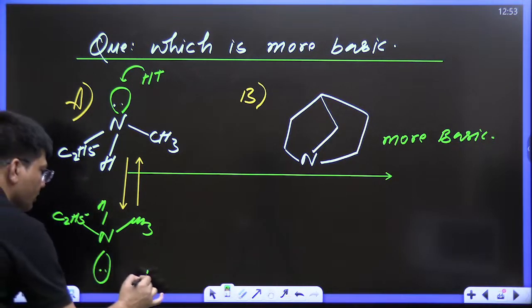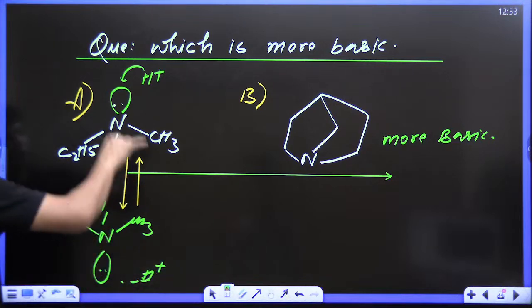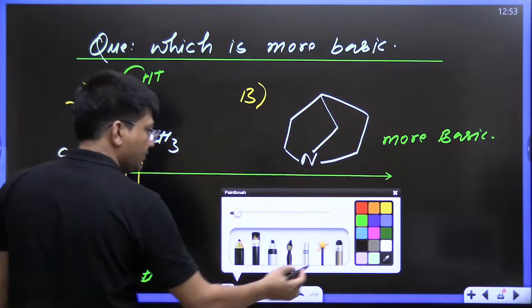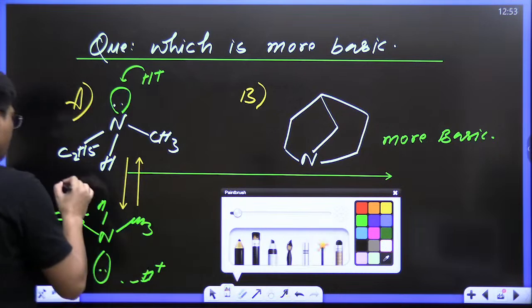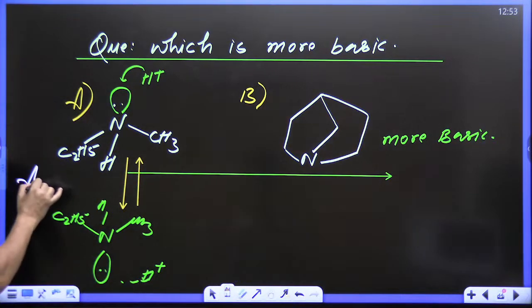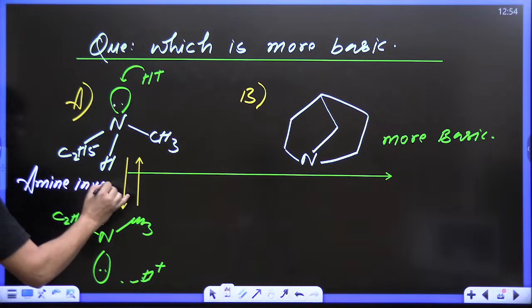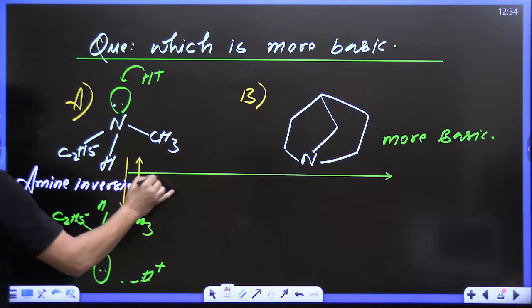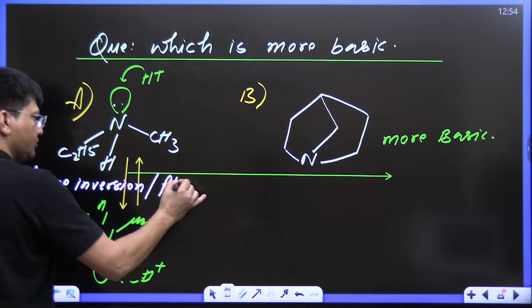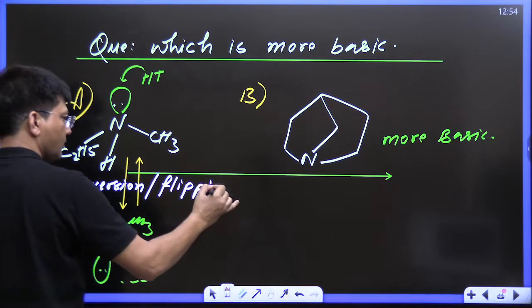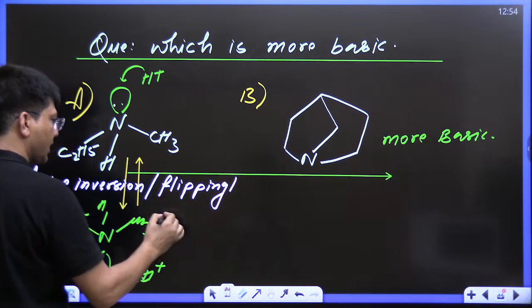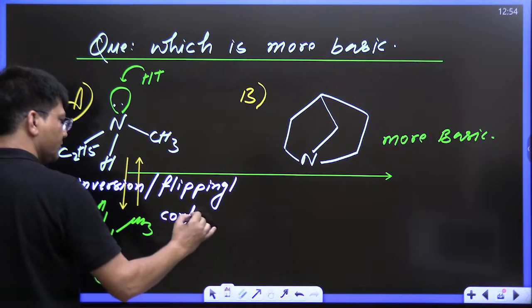It will go like that. This is known as amine inversion, flipping, or conformational isomerism.